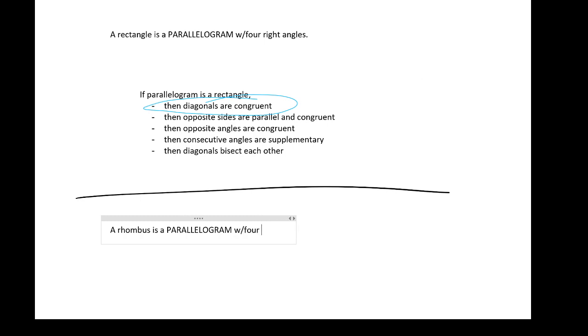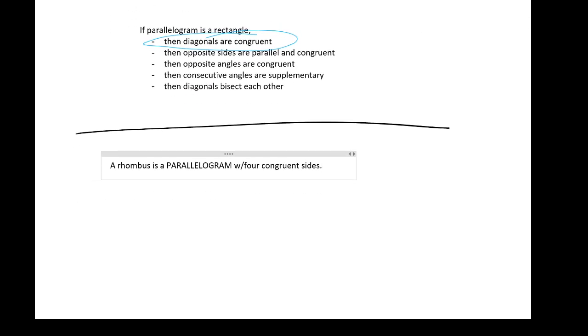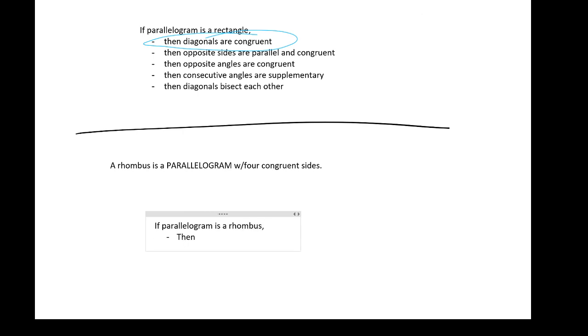With 4 congruent sides. Okay? Now, same deal. If a parallelogram is a rhombus, then we're going to say that the diagonals are perpendicular.